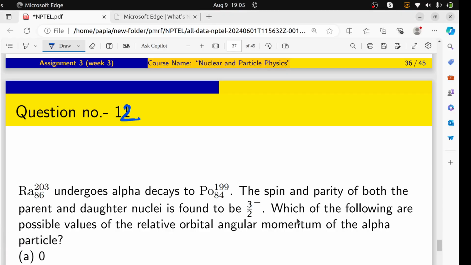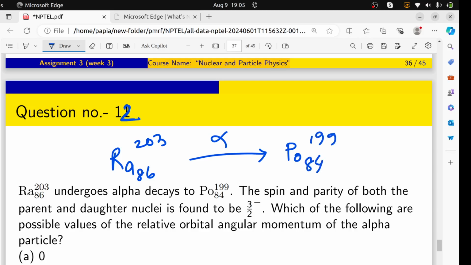So in that question, radon 86, 203 is going to alpha and polonium 84, 199. So this is the process, and the spin and parity of both the parent and daughter nuclei are given.